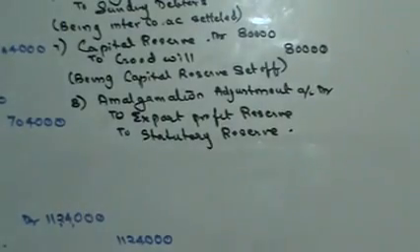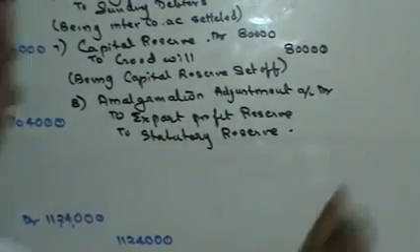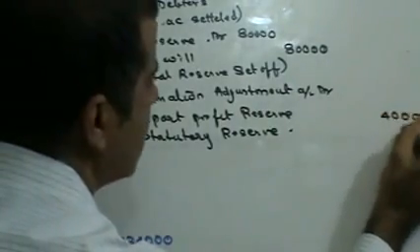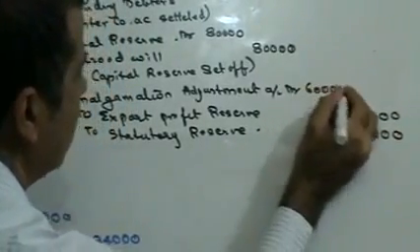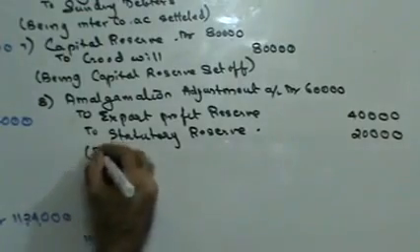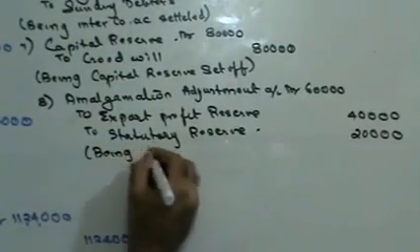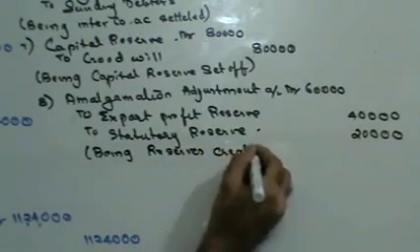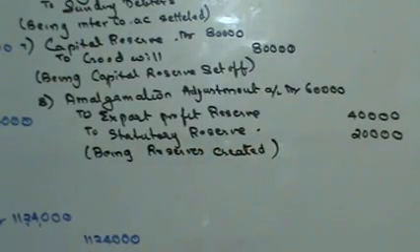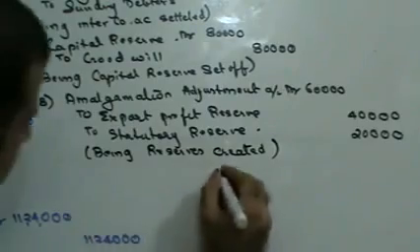Export profit reserve is 40,000. Statutory reserves are 20,000. So total is 60,000 being reserve created. Right? Anything else remaining? I think I've covered everything. Let's make the balance sheet of A Limited.